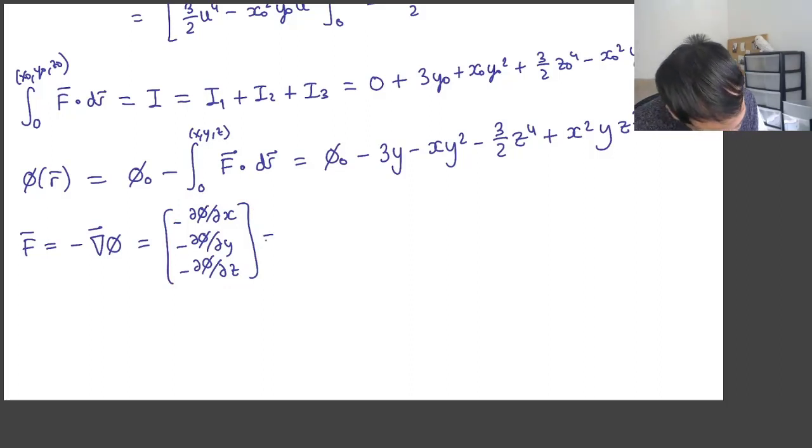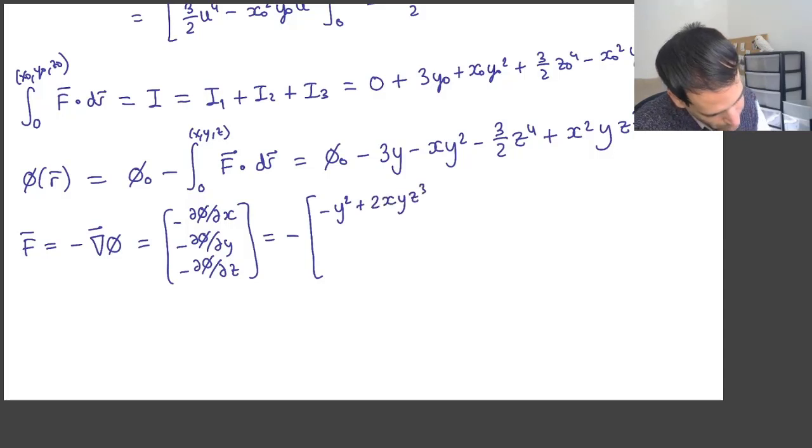But so the derivative with respect to x with a minus sign will be 0. Let me put the minus sign outside, otherwise it's going to be a bit confusing. So I can do the partial derivative with respect to x. It will be 0 minus y squared plus 0 plus 2xyz cubed.